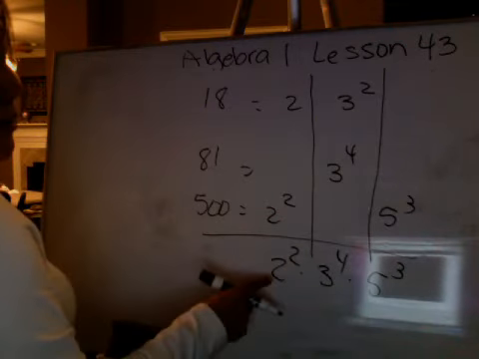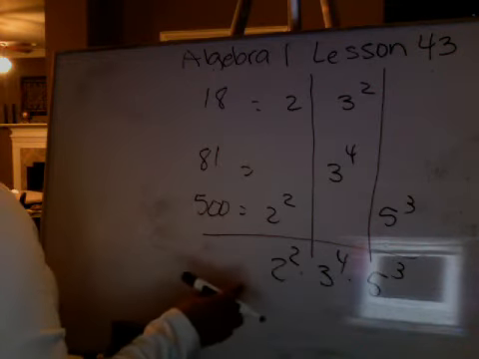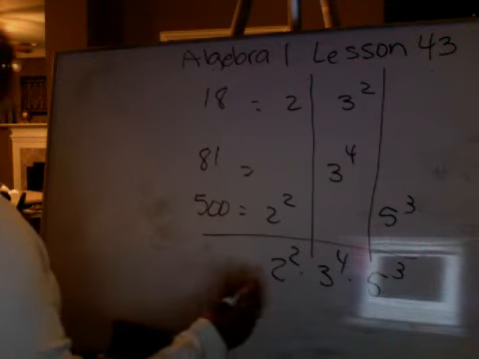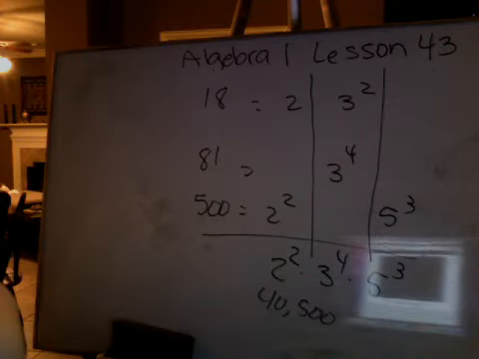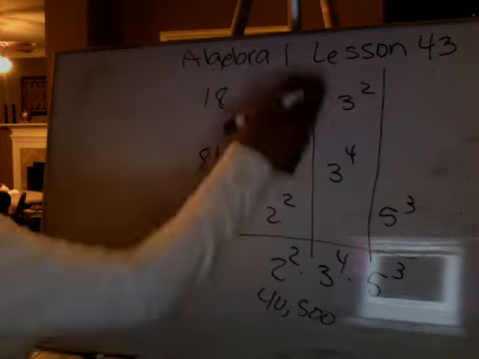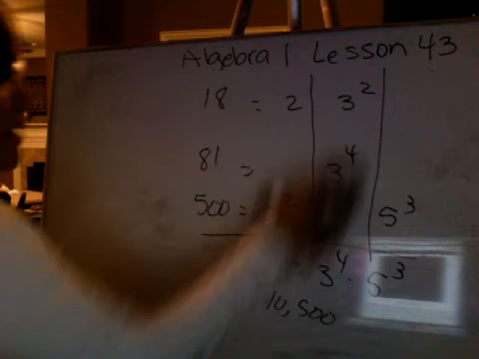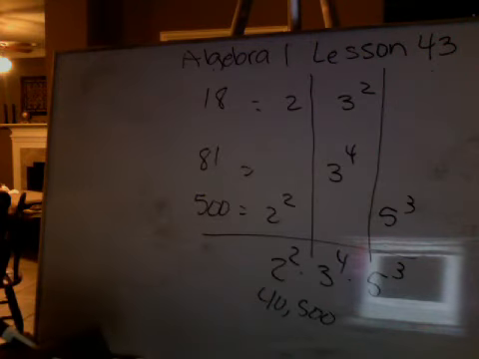So you're going to multiply 2 squared times 3 to the 4th times 5 cubed. If you multiply that out with a calculator, that will give you 40,500. That is the least common multiple for those 3 numbers. That's why it's important. If you put it in exponential form, you can separate each base and just pull out the highest power. And where we're going next is going to make it a little bit easier to see.